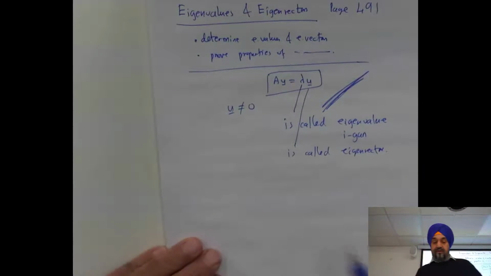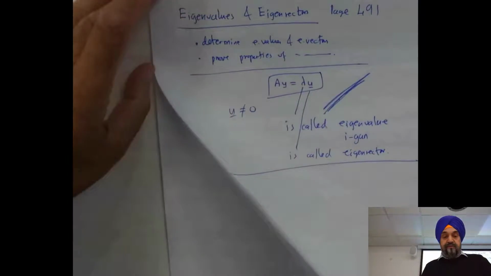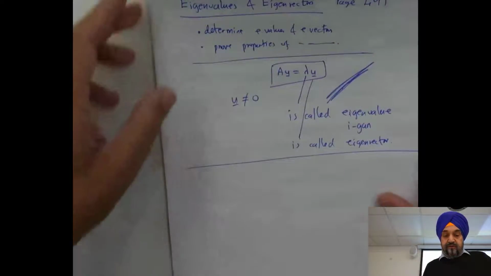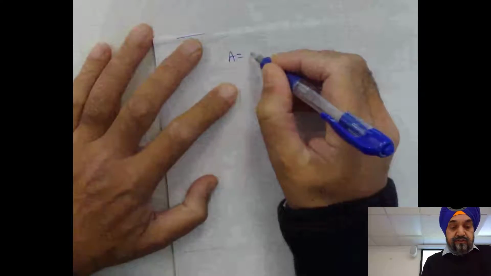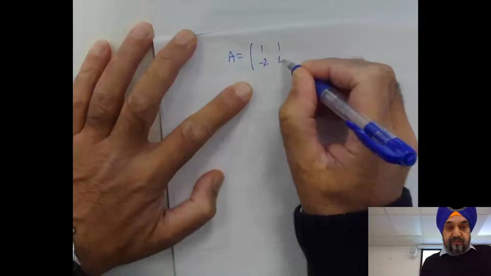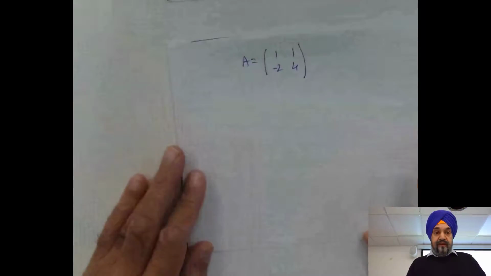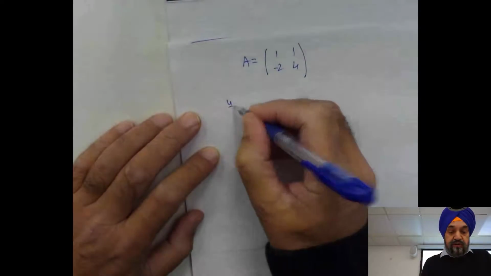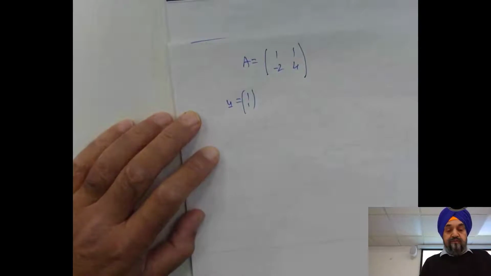Let's do an example. Let's say we've got A equal to the matrix 1, 1, minus 2, 4, and U is equal to the vector 1, 1. Find the eigenvalue.